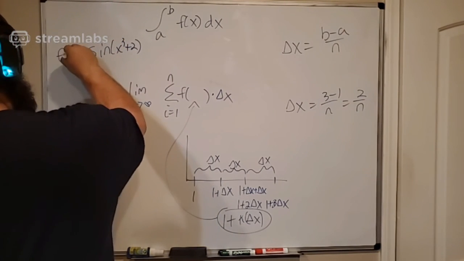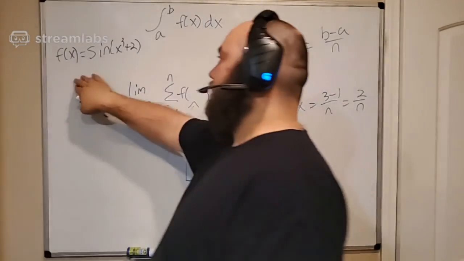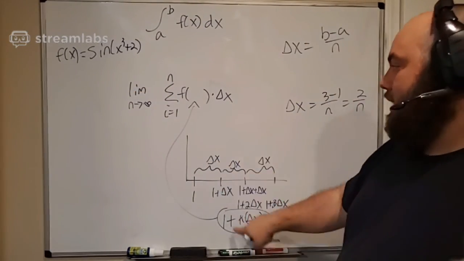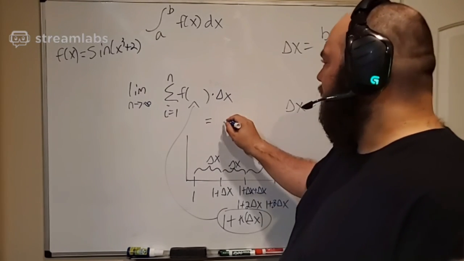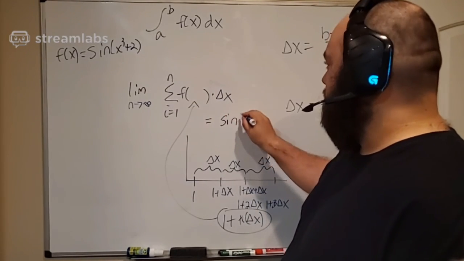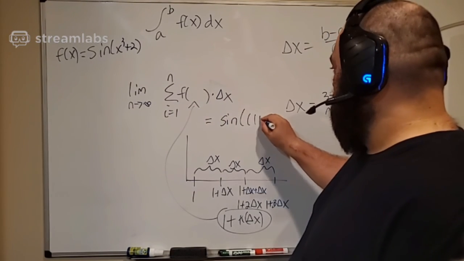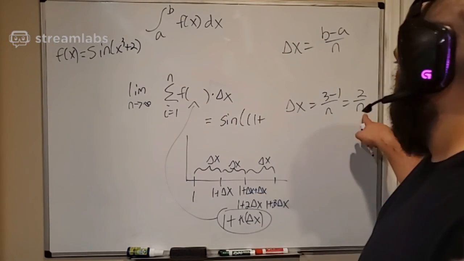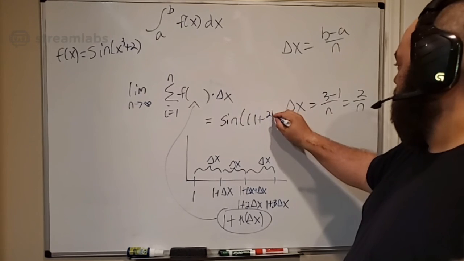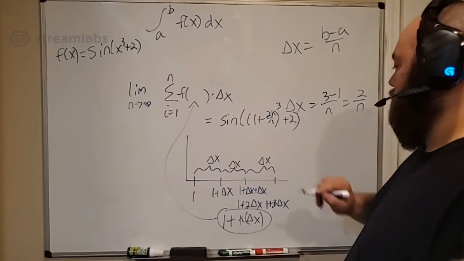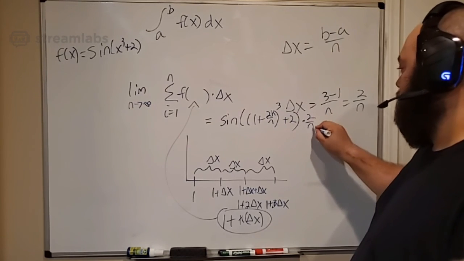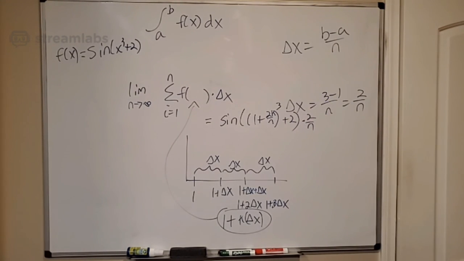If I plug that in and plug my delta x and everything in, then I will get sine of (1 plus k times delta x, which will be 2k over n) cubed plus 2, times 2 over n. And that is why it is D.